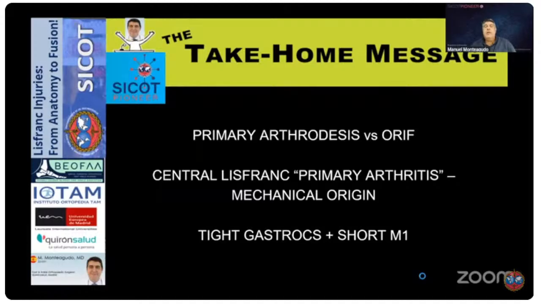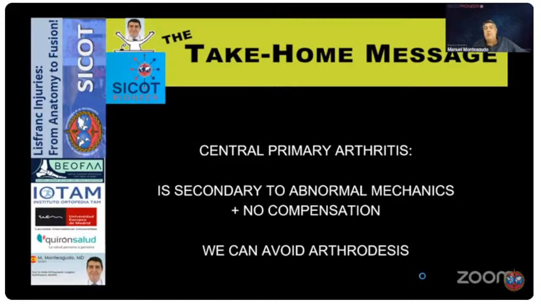So my take-home message would be, a primary arthrodesis versus internal fixation is also a topic of interest. Some primary arthrodesis might be needed in case of severe injuries. The so-called primary arthritis of the central Lisfranc is possibly of a mechanical origin, and our patients usually have a tight gastrocnemius and a short metatarsal as the more common combination.